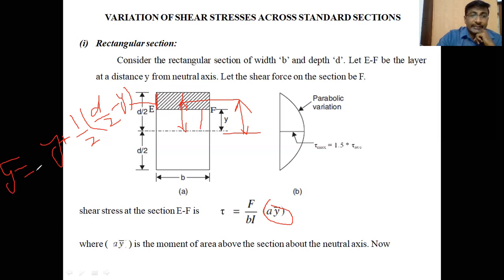Understand, students? Can I explain once again how to take the y bar?